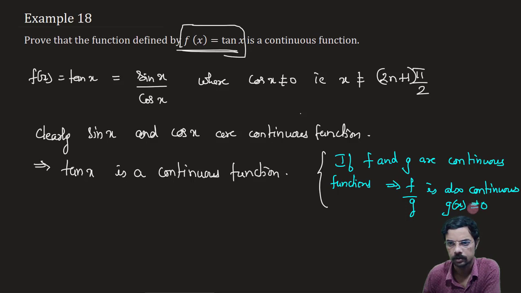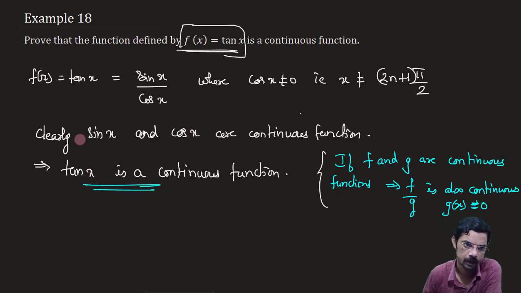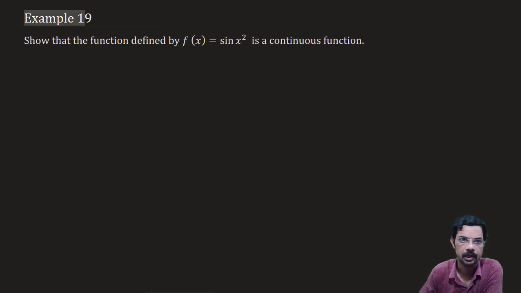That's it. So therefore tan of x is a continuous function. Let us go for the next example, example number 19.